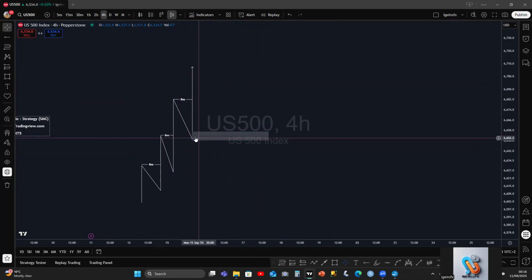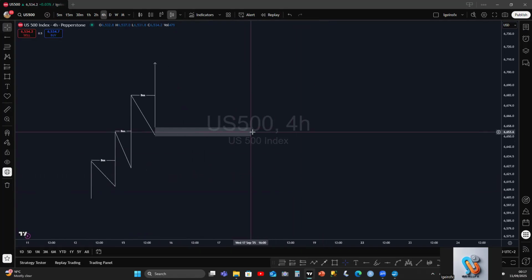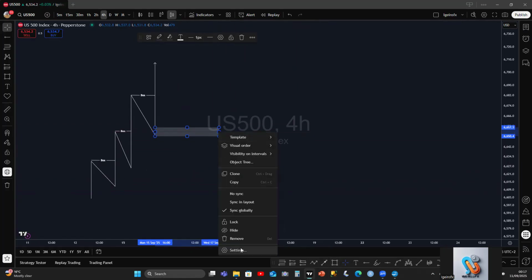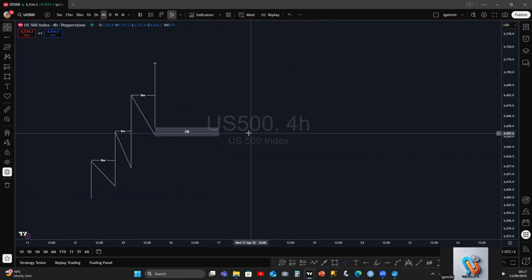Now, the origin where this push originated from, there is a candlestick here, the last candlestick here, that we call the order block. That's the OB. That is the order block.